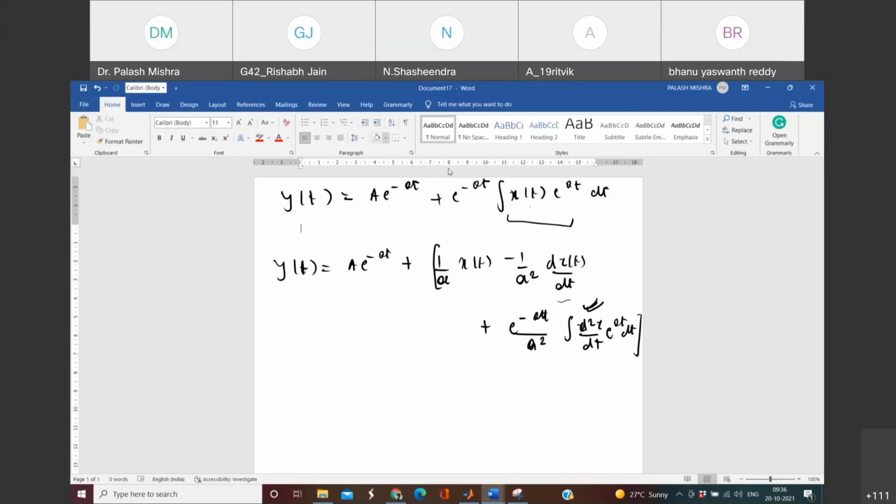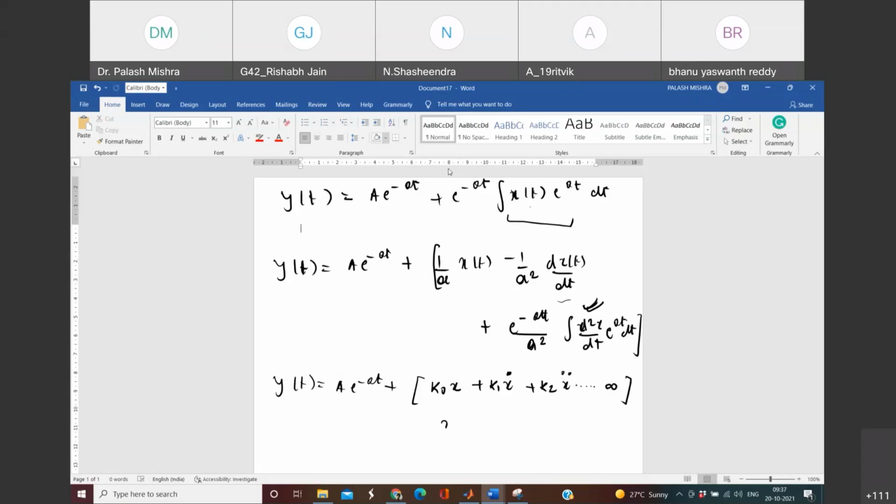So in other ways, you can write this equation as a to the power of minus at, plus k naught times x plus k1 times x dot plus k2 times x double dot, and you have to integrate till infinity.